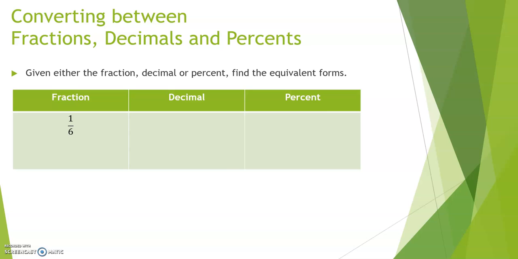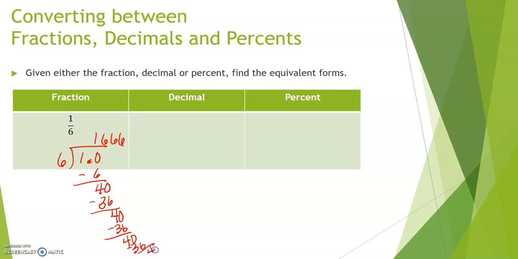The fraction 1/6. We just did practice changing fractions to decimals, so let's do that again. 1 divided by 6. 6 goes into 10 one time. 6 goes into 40 6 times.